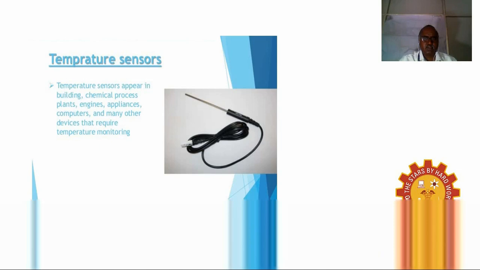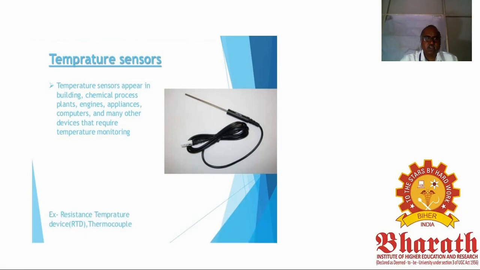Next, we shall see some of the examples of these sensors. The temperature sensor is one of the widely used sensors. They are used in buildings where there is a possibility of high temperature or sometimes even fire, or in industry where there is a necessity for maintaining and also observing the temperatures.